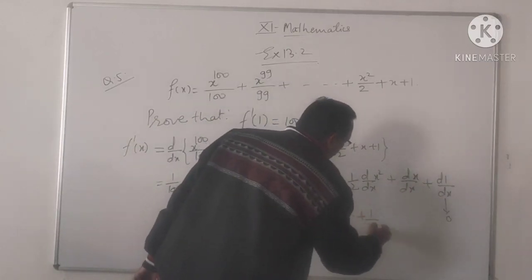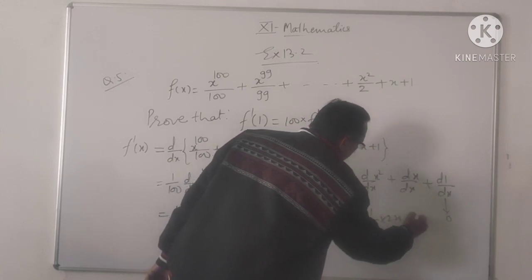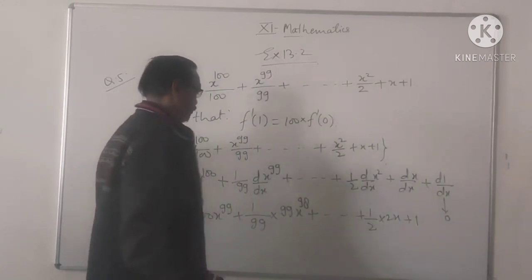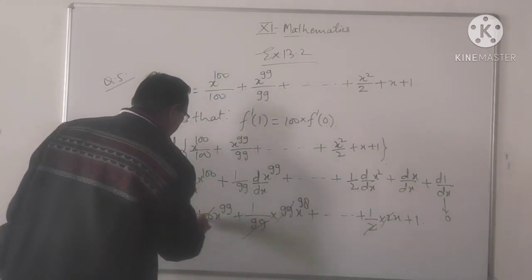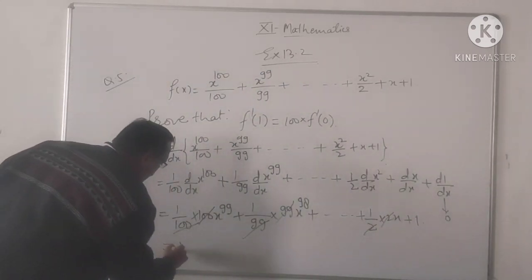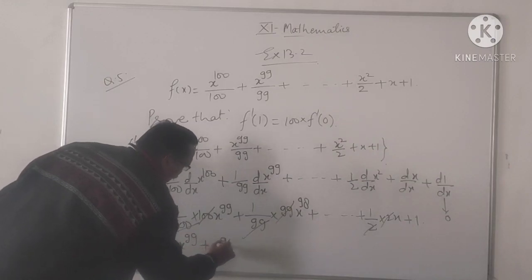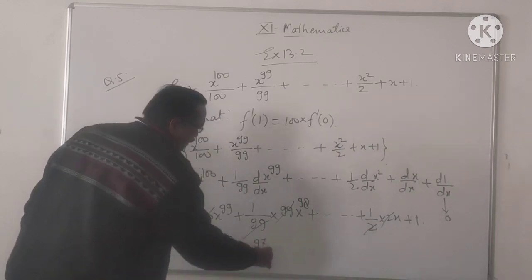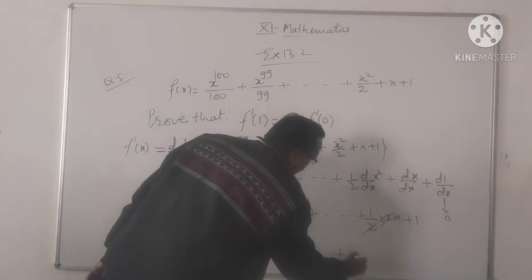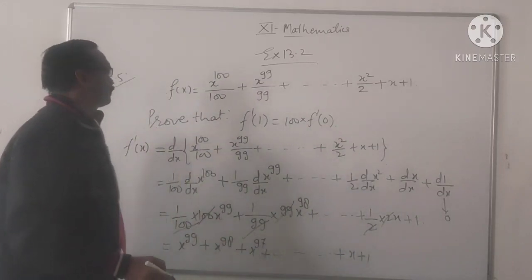There is 1 upon 2 into 2x plus 1. Here 2 cancels, 99 cancels, 100 cancels out. So it is simply x power 99, x power 98, x power 97 and so on plus x plus 1.